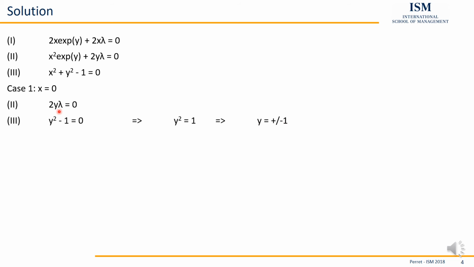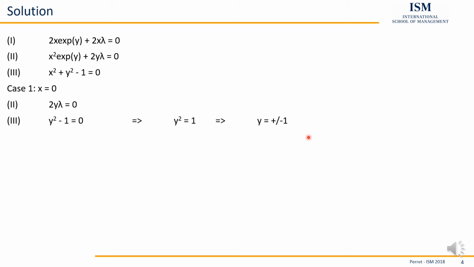If you insert this here, you get plus minus 2 lambda being equal to 0. Since lambda can take any value, this simply means this solution would result in a lambda being 0. So this is a valid solution, 0 plus minus 1. That's our first pair of solutions.